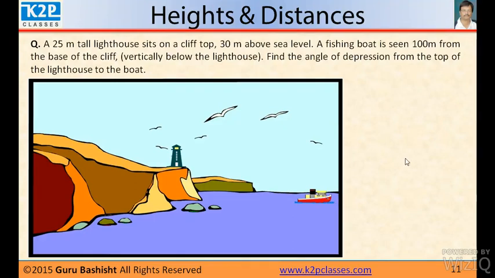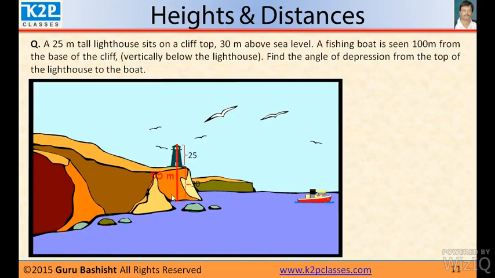The height of the cliff is 30 meters, right? And the height of the lighthouse is 25 meters. This is 25, this is 30.